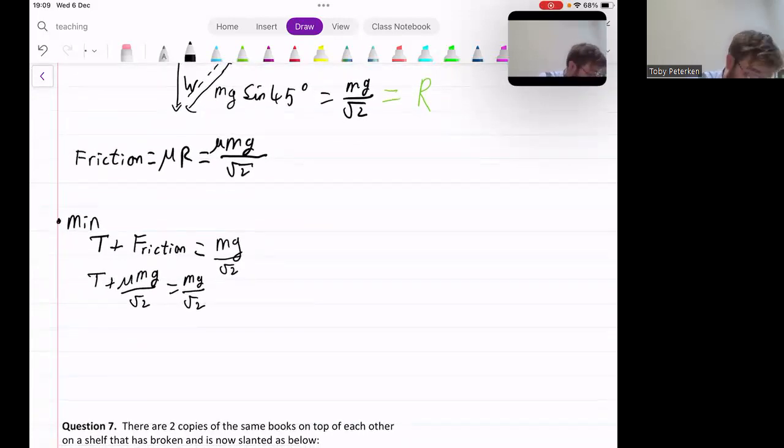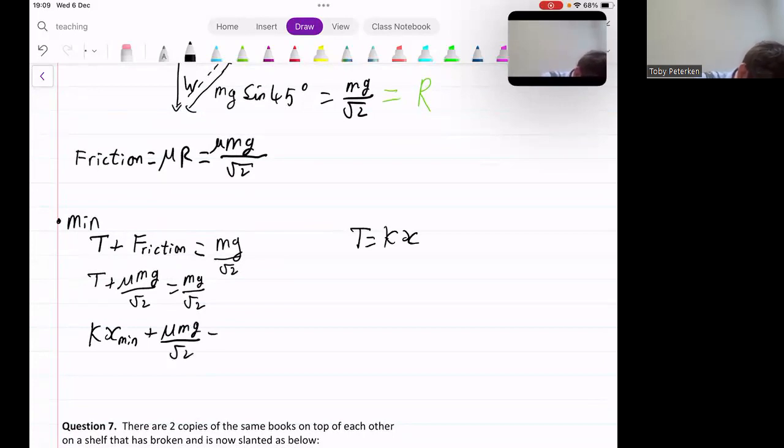And we want the extension, so T equals kx. So we have k x min, the minimum extension, plus mu mg over root 2 equals mg over root 2.